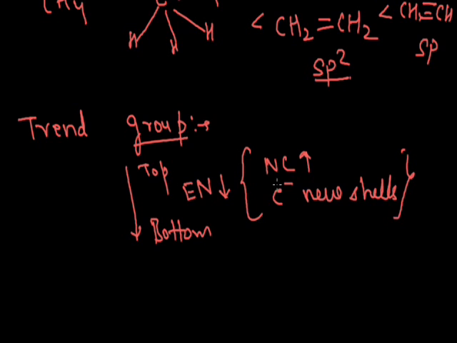Thus the outermost electron is experiencing less force than expected because newer shells are being added. Thus the electrons are attracted by less force. Thus the electronegativity tends to decrease on going top to bottom in a group.